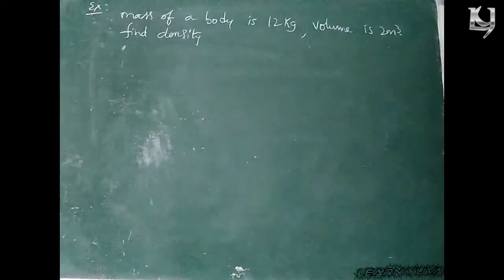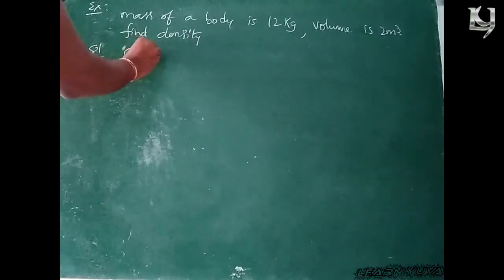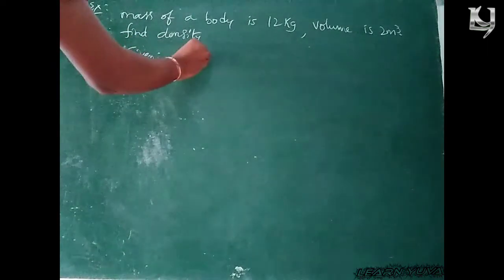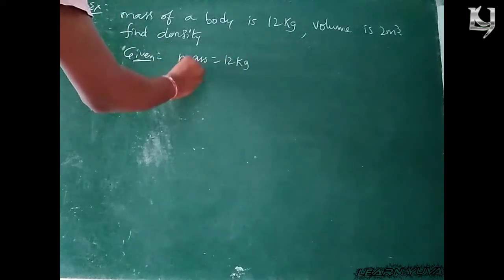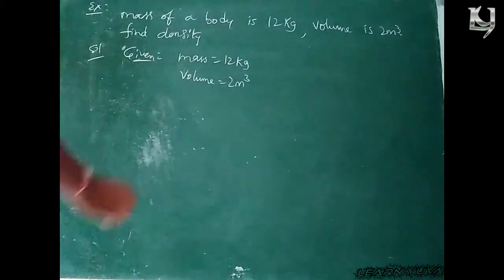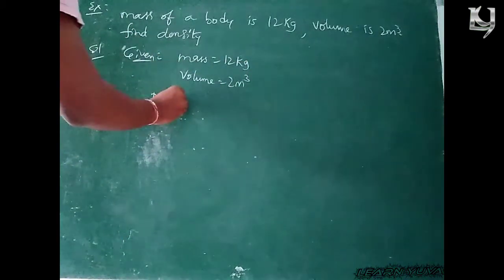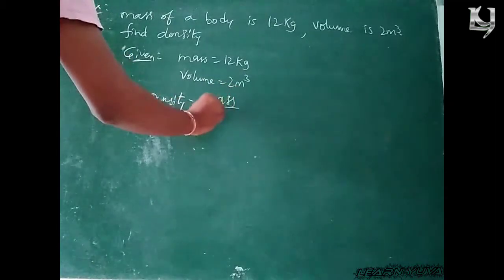So what is the given data? Mass is equal to some power kg, volume is equal to 2 meter cube. So we have to find the density. Density is equal to mass by volume.